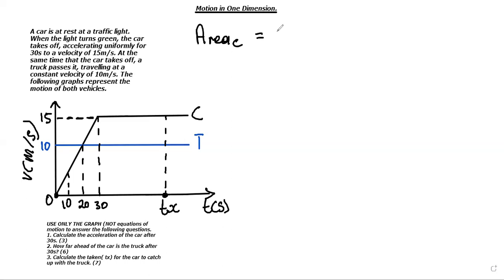And this is what I want you to see. So already we know that the area under the curve for the first 30 seconds is 225 meters. Now we have to find the area for this region from 30 seconds to t seconds, or x seconds if you like.